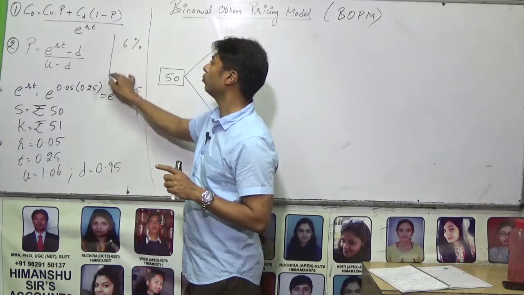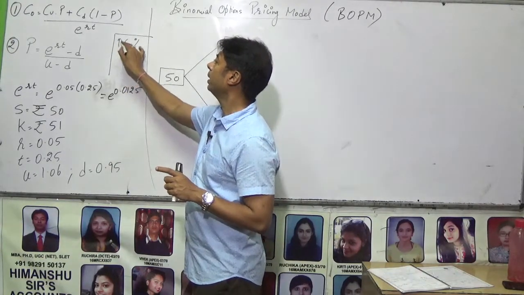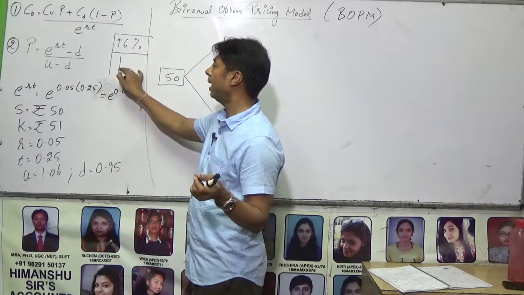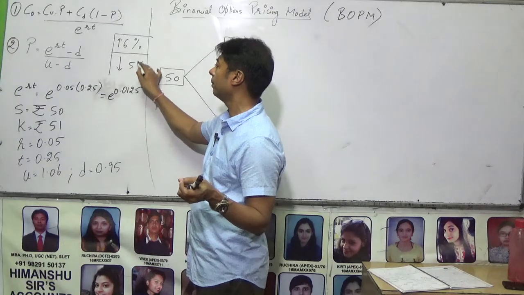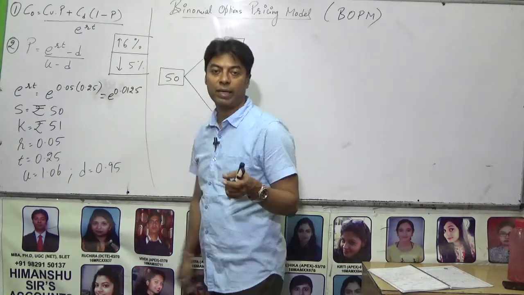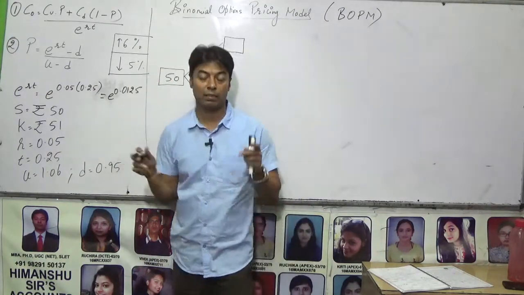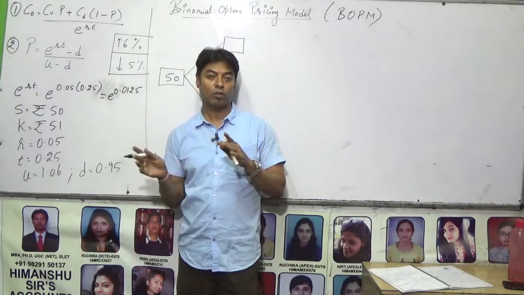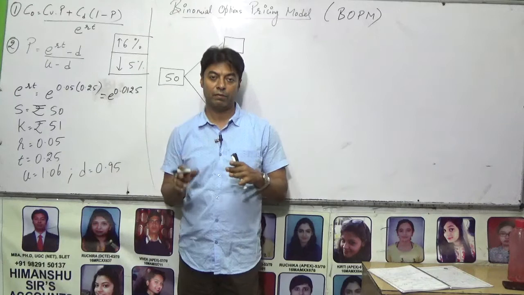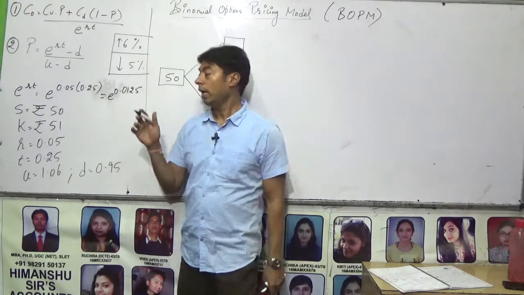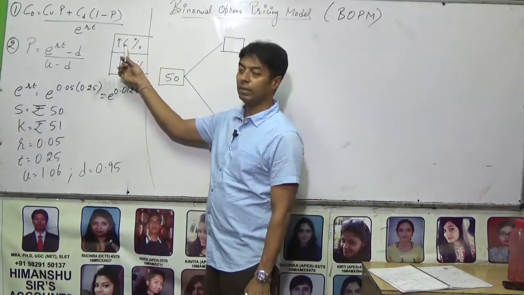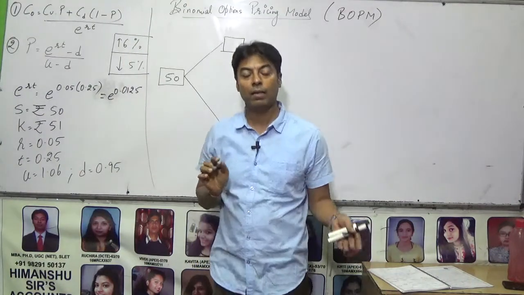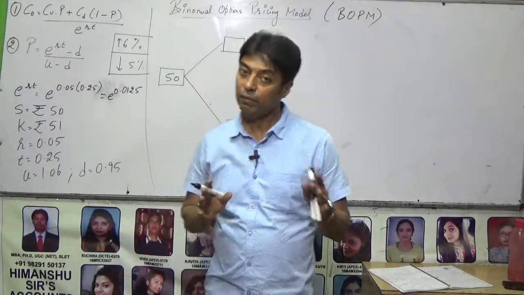It is given in the question that if the value increases, it can increase by 6%, and if the value is decreasing, the value of the stock can decrease by 5%. You can always rewind your video and find out that if the price of the stock is increasing, it can increase by 6%. If the price is going to decrease, it can decrease by 5%.